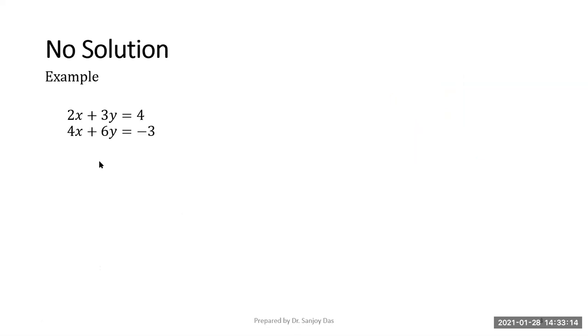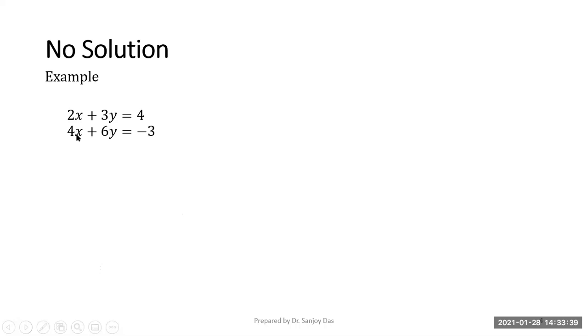Now let's look at this pair of linear equations. 2x plus 3y equals 4. 4x plus 6y equals -3. Now, if you look at the left side, at the top you have 2x plus 3y, and in the next row you have 4x plus 6y. So it's twice of this row, right?